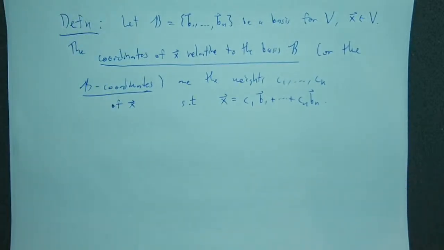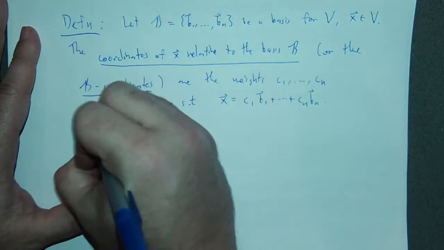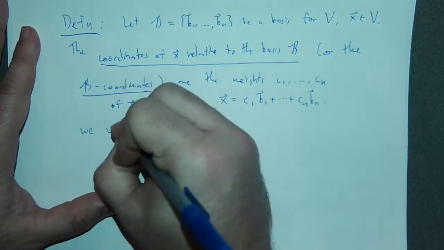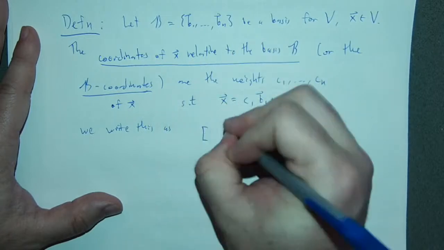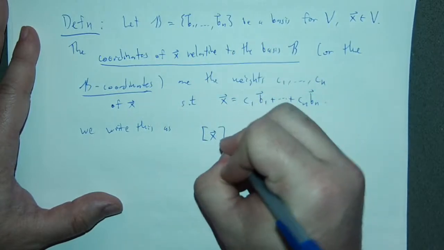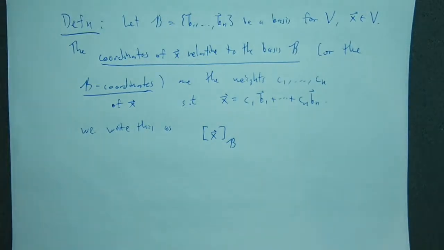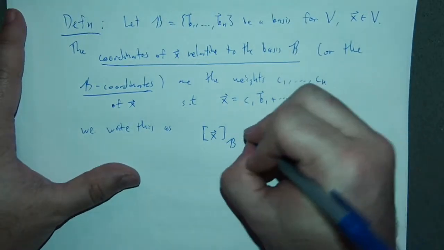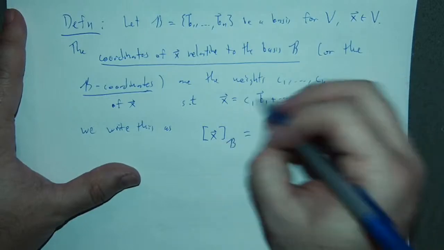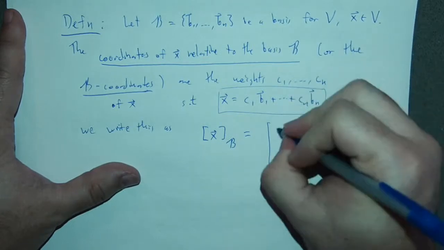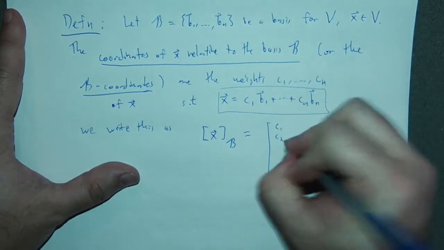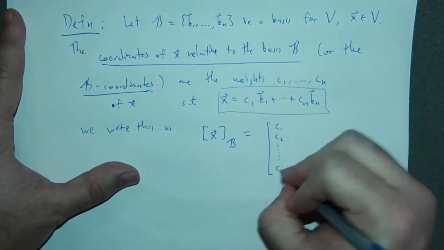We write this as the B coordinates of x. So it's a bracket around x with the subscript B. And if x can be expressed as this linear combination, its B coordinates are simply the vector where the entries are those weights, c sub i.